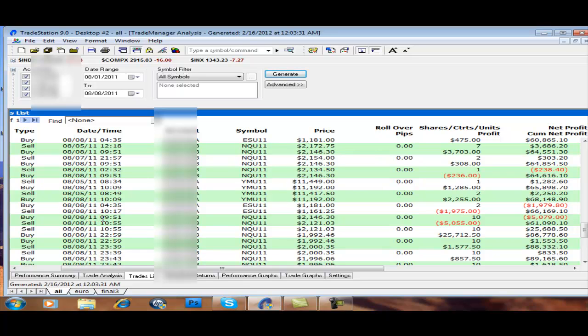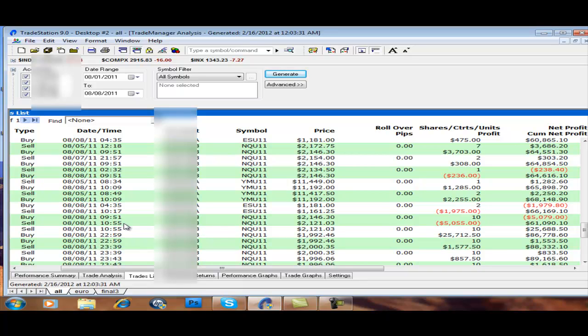On August 8th at 9:50 in the morning, I went long 10 contracts on the NQ. An hour later, those 10 contracts were worth $5,000 less.